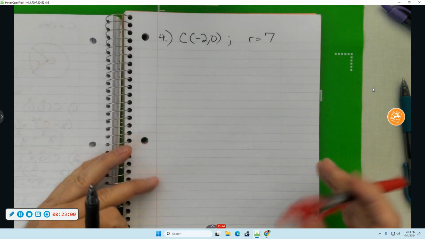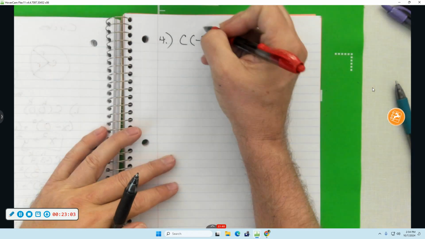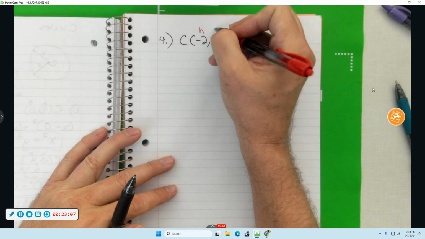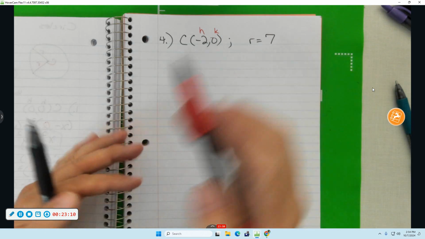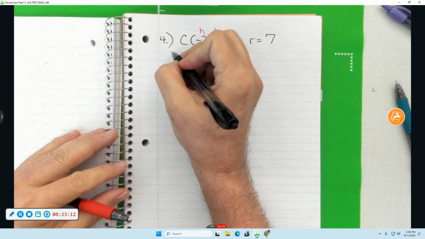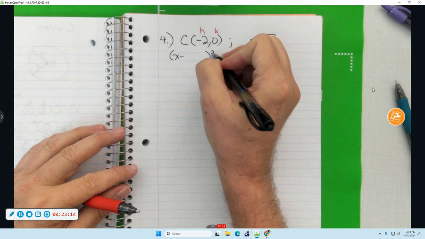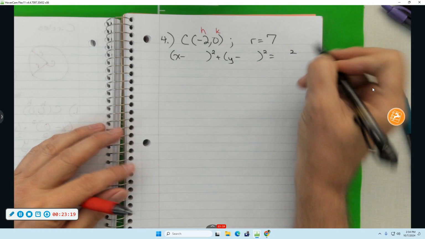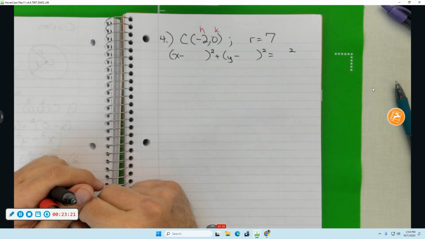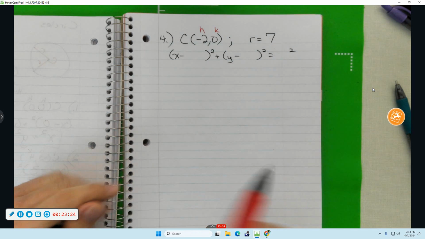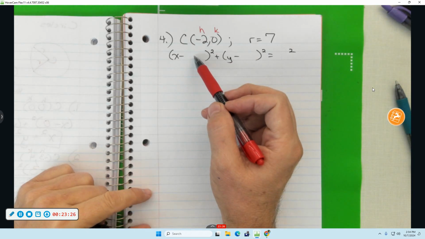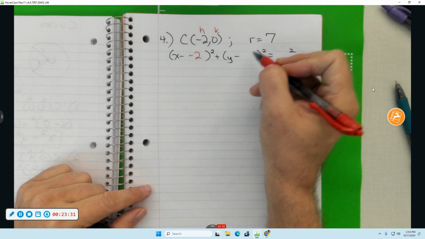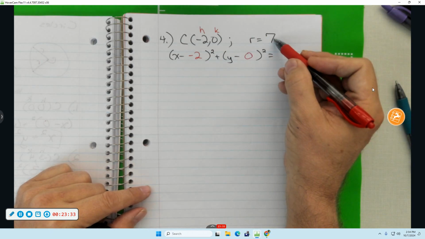What number's acting as H? -2. As K, 0, and we know that our R value is 7, so we have x minus, y minus, and what number's going to go here? -2. Here and here.